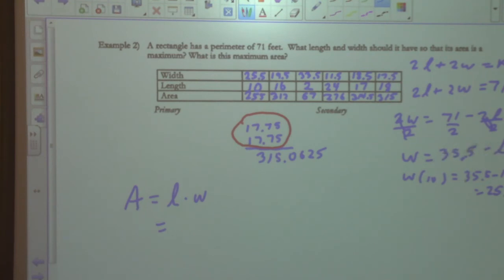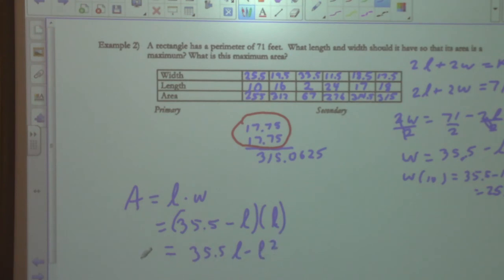Width is 35.5 minus L, so we can substitute in here: 35.5 minus L, times L. Then we distribute this out and we get 35.5L minus L squared.